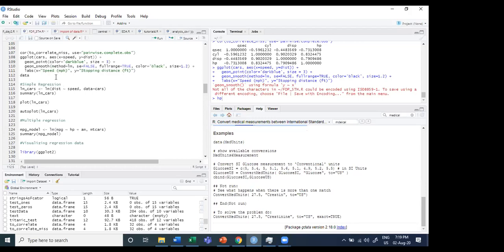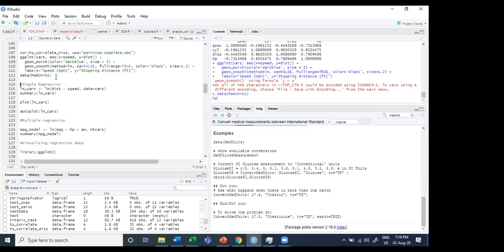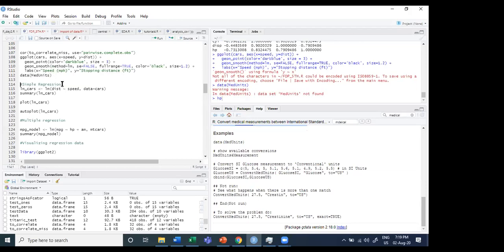So we will call the data MED units. Here is MED units, not found. So you can say attach data, data is equal to MED units.